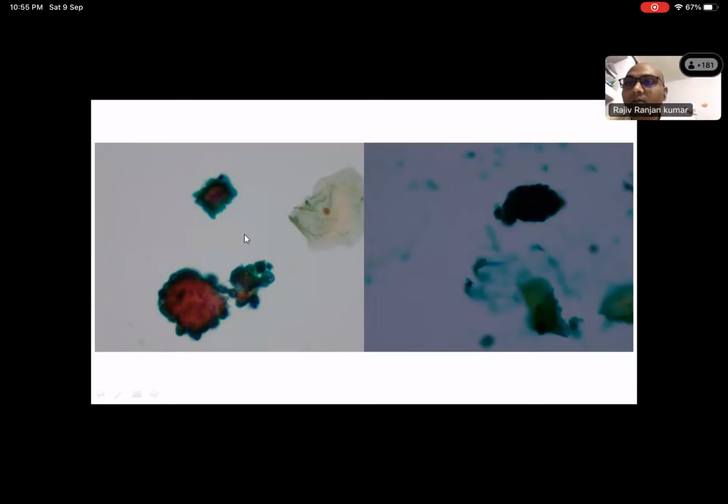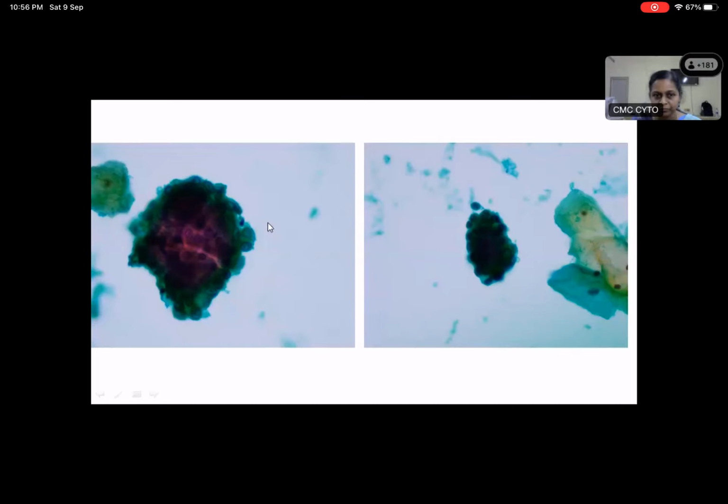Polarity: nucleus at one end and the mucin at the other. So do you see mucin in endometrial cells? Which glandular cells will show mucin? Endocervical. Yeah, so this is actually a picket fence cluster of endocervical cells. So again, like Sajana described, this is the exodus ball.